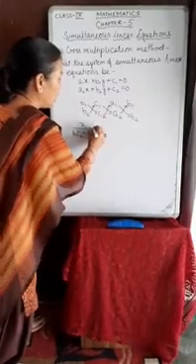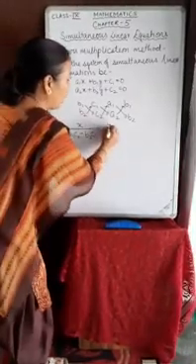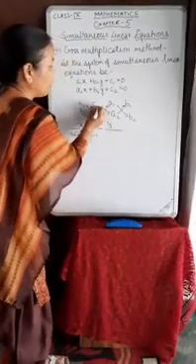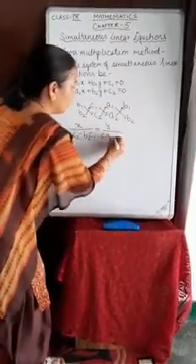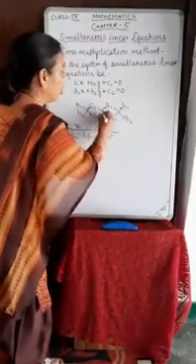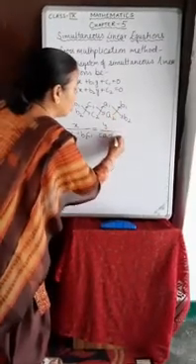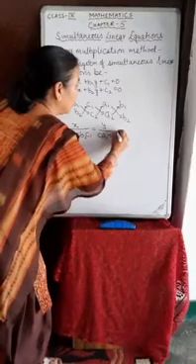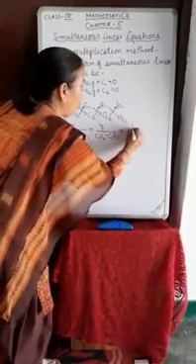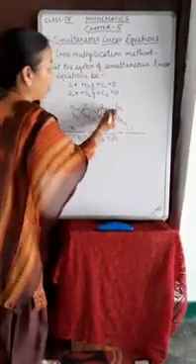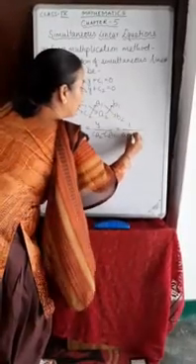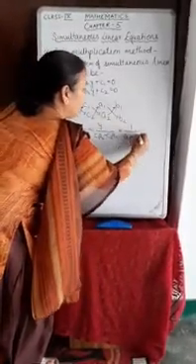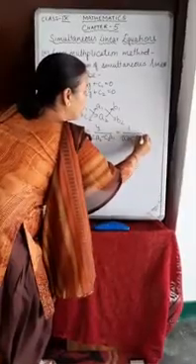This will be equal to y upon c1 a2 with positive sign minus c2 a1 with negative sign, equals 1 upon a1 b2 with positive sign minus a2 b1 with negative sign.